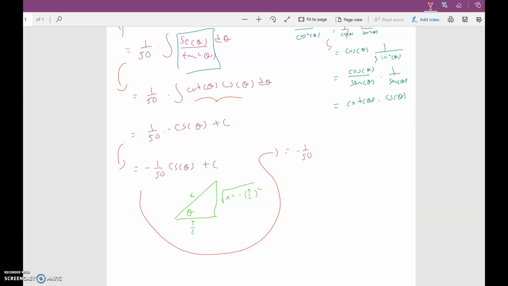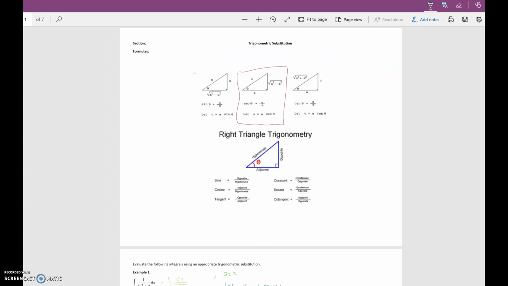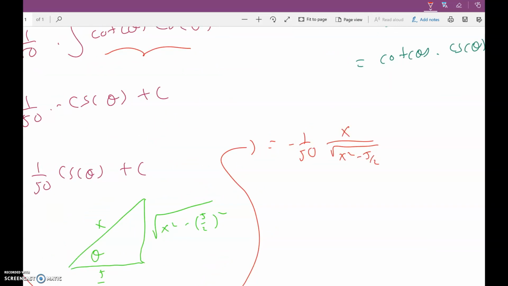Our hypotenuse is going to be x over, hold on, it was cosecant, hypotenuse over opposite. So hypotenuse, it's an x, and this is going to be over the square root of x squared minus the 5/2 squared.